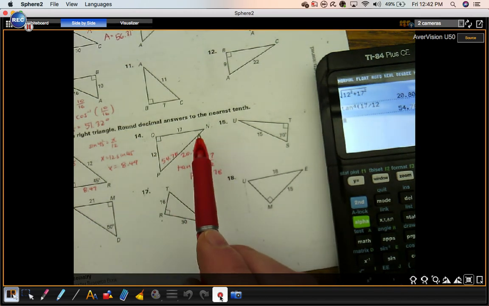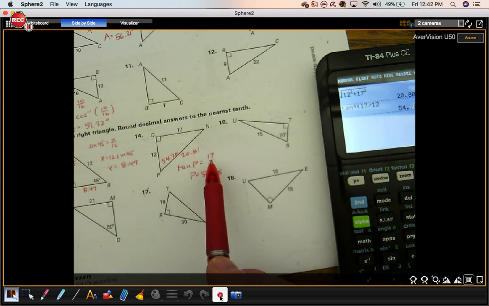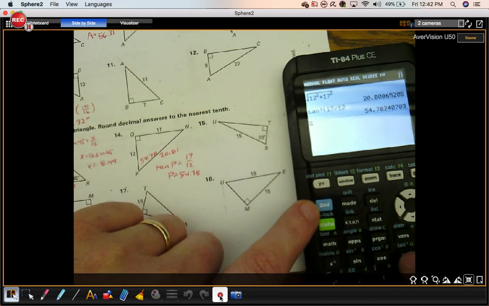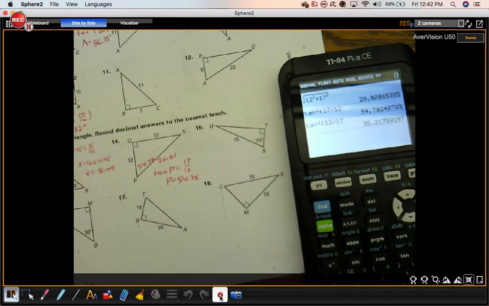Now I know that this angle over here is also inverse tangent, but it's going to be the reciprocal of this. So I could just type in inverse tangent of 12/17, and that gives me 35.22.